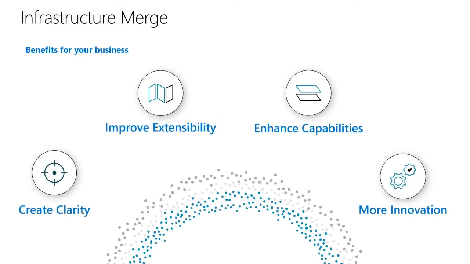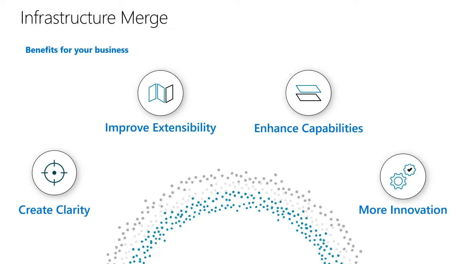When we talk about benefits, one of the core objectives is to have clarity on human resources functionalities within Dynamics 365. Human resources as a module is available in the Finance and Operations app and also available as a standalone application. Another benefit of infrastructure merge is extensibility improvement.